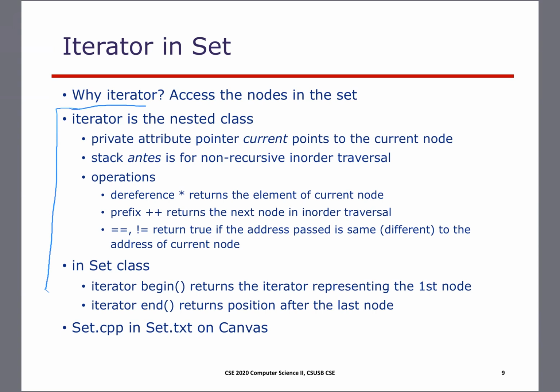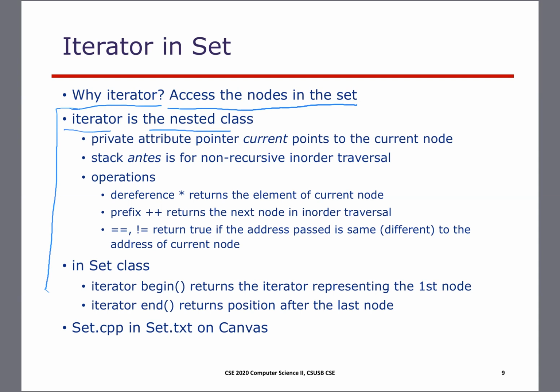Why do we need the iterator in the set? So we can use the iterator to access the nodes or the elements in the set. We can use the iterator to access every element in the set.